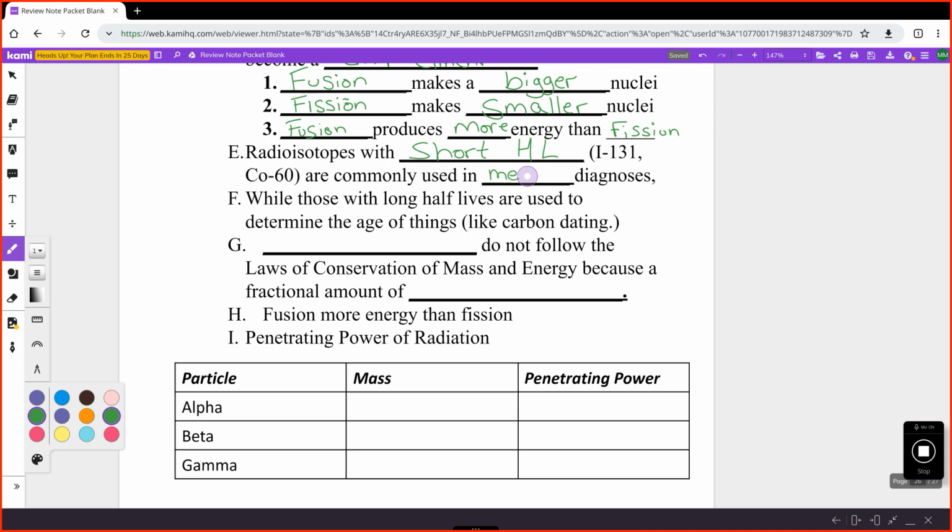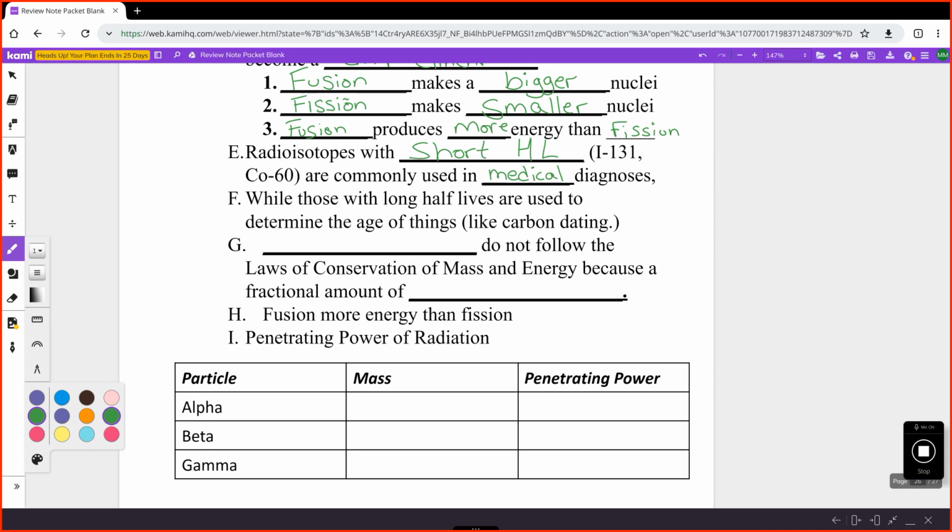That makes a lot of sense because you don't want radioactive material in your body for very long. Half-life is the amount of time it takes to decay a radioactive isotope. If something has a shorter half-life, its radiation will not be in you as long as something with a long half-life. Long half-lives, like carbon-14, are used to date the age of living organisms.